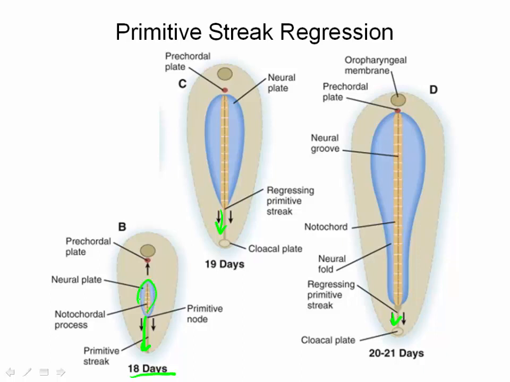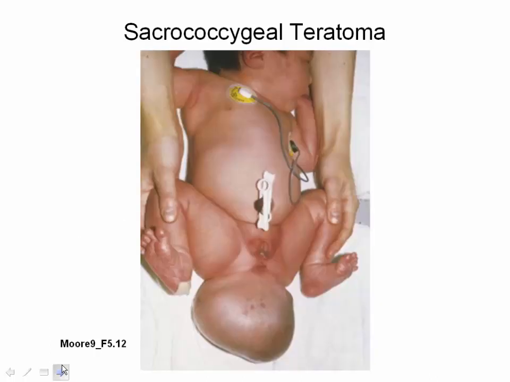So here's the neural plate expanding as the primitive streak is regressing. The take-home message is that there is a cranial-caudal gradient of development that persists throughout the embryonic period, meaning that the cranial end is usually about a day or two more developmentally advanced than the caudal end.